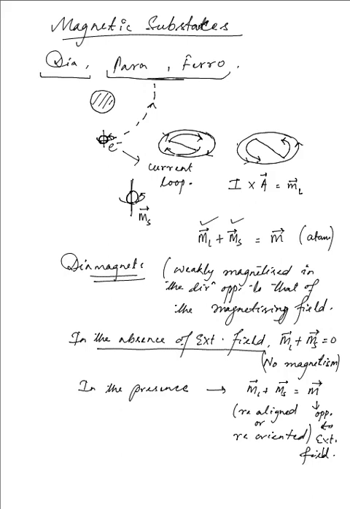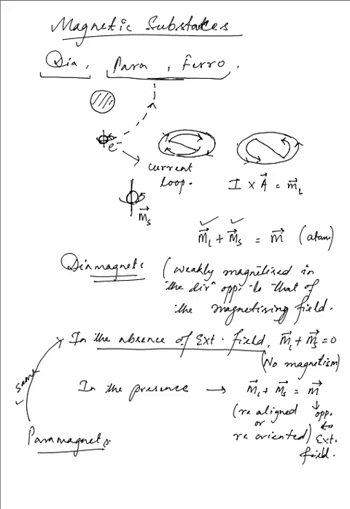And what about paramagnetism? Well, it's the same thing in the case of paramagnets. The paramagnets possess a zero magnetic dipole moment in the absence of the field. It's the same in this case, that is ML and MS add up to give you the value 0.